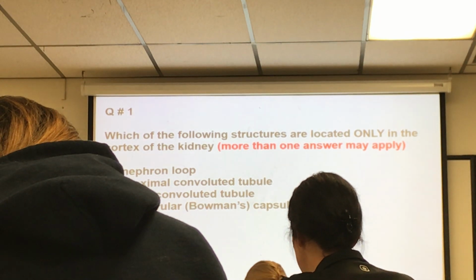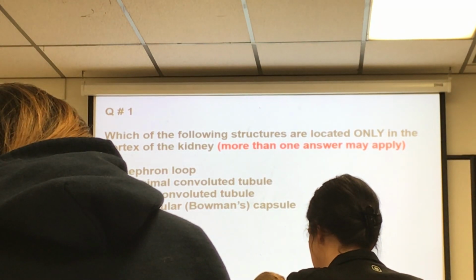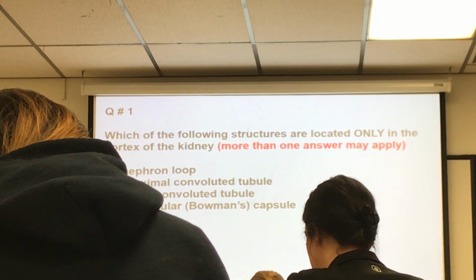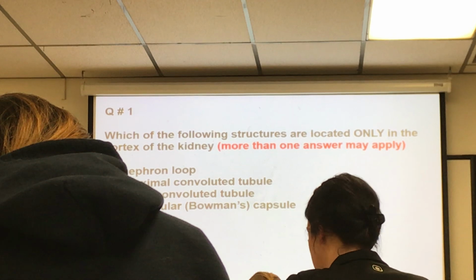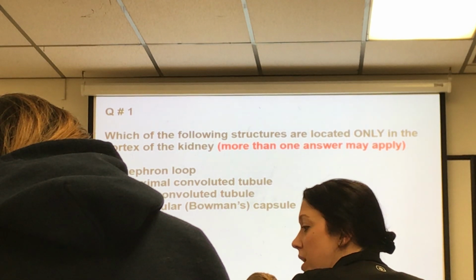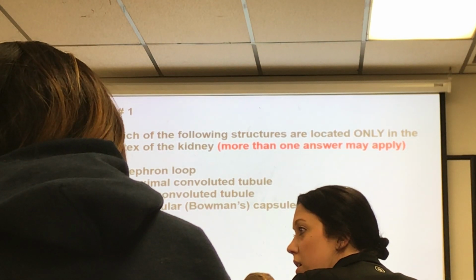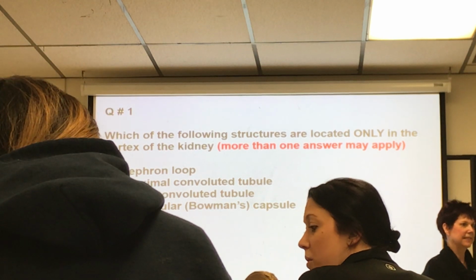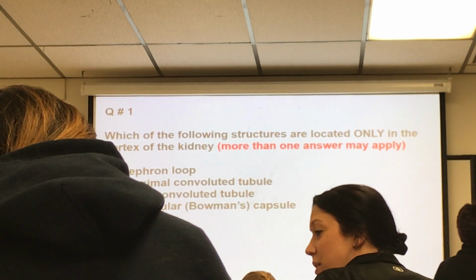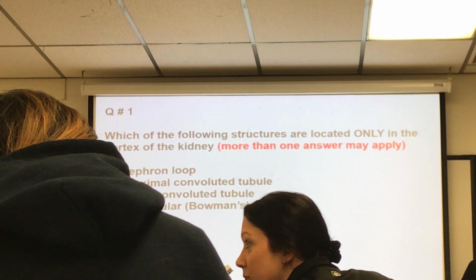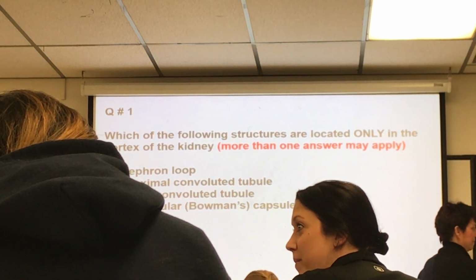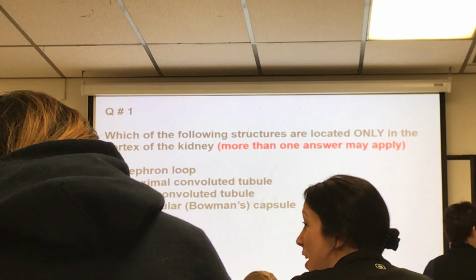What branches off of these vessels? Afferent arteriole. And then that becomes glomerular, or the glomerular capillaries. And what does that become? Efferent arteriole.